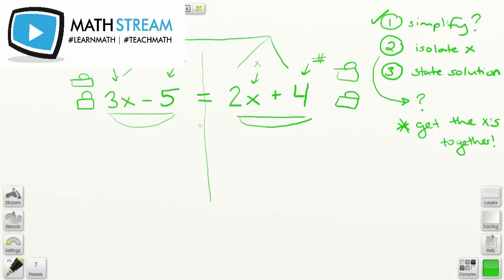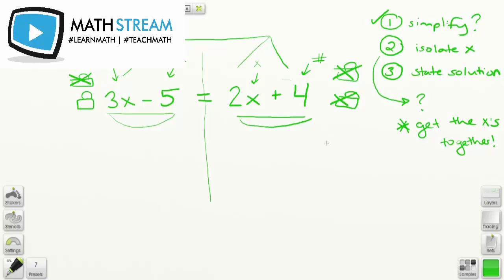So how could I put all the suitcases on one side? Well, I could take two suitcases away from both sides, right? That would keep the scale the same. Take one away from the left and take one away from the right. Will that keep our scale balanced?